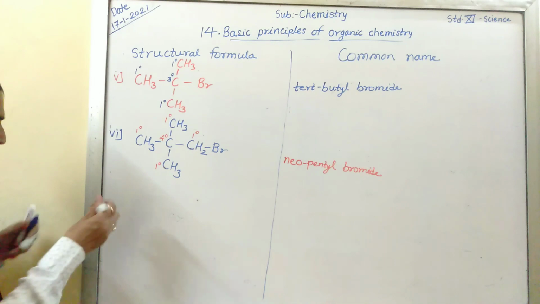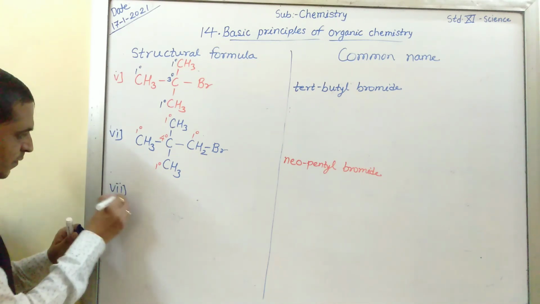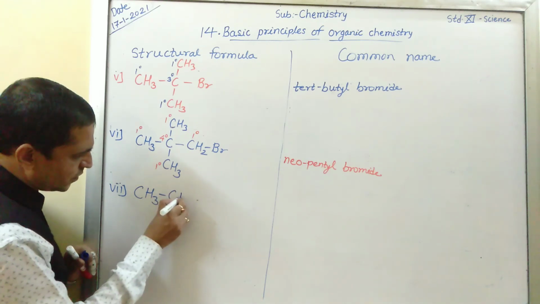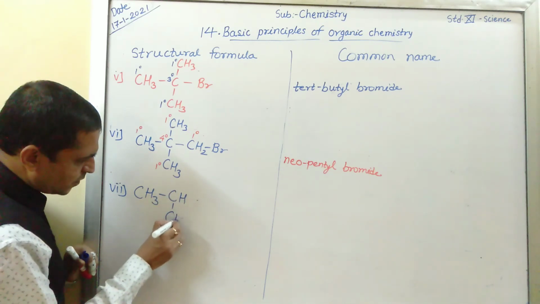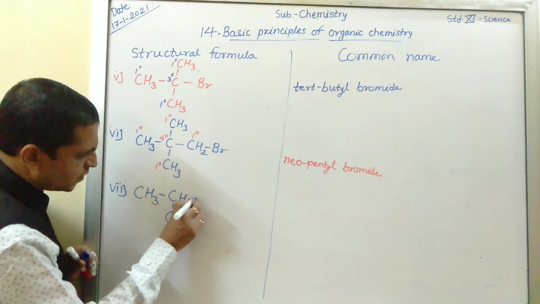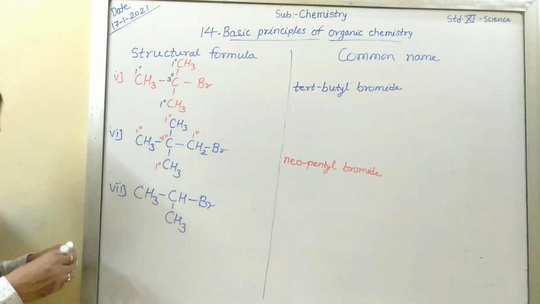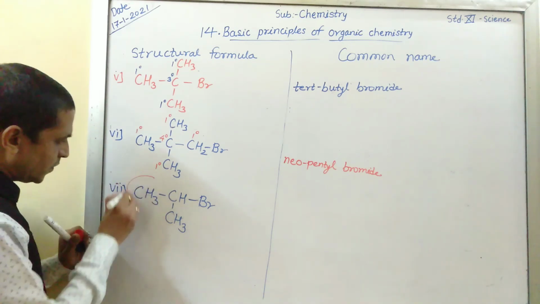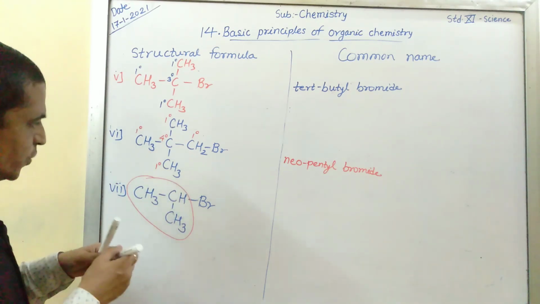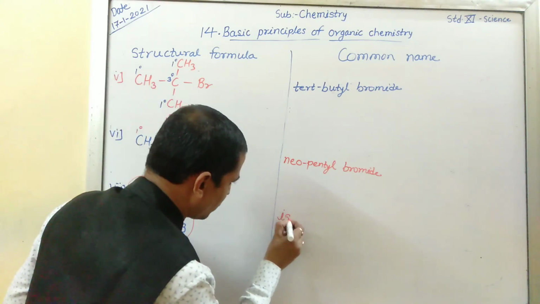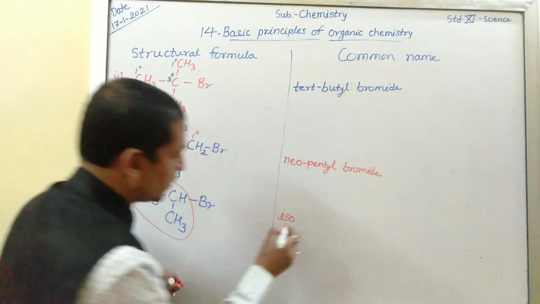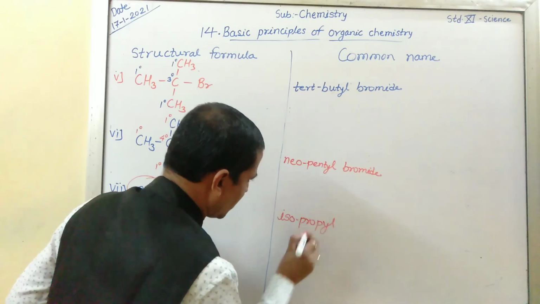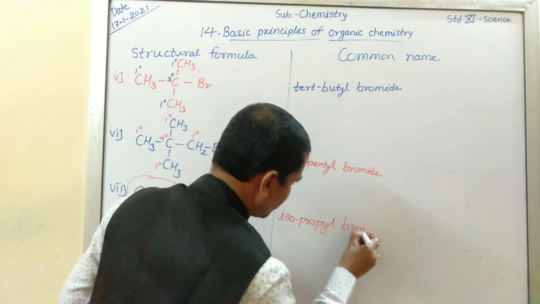Now we will take one more example. CH3, CH, CH3, Br. Again see, CH3, CH, CH3 means you get the word iso. How many carbon atoms? 1, 2, 3. So isopropyl bromide.